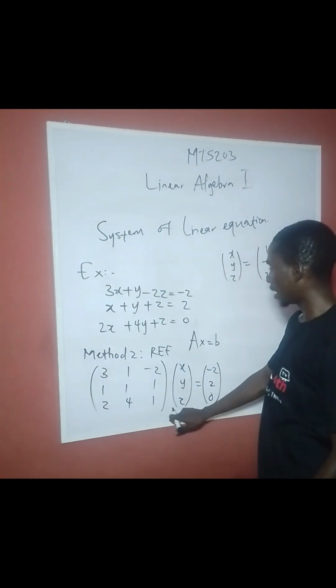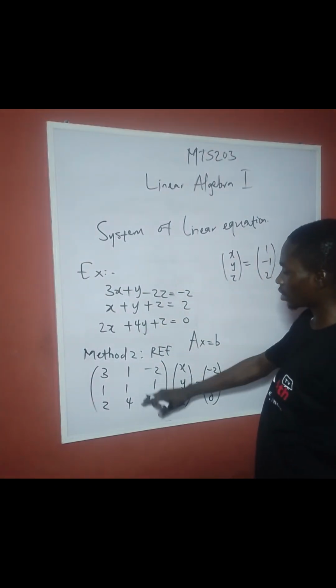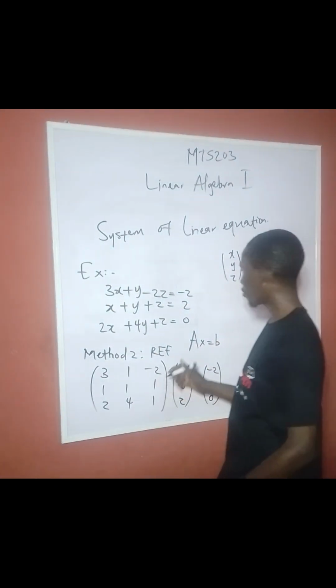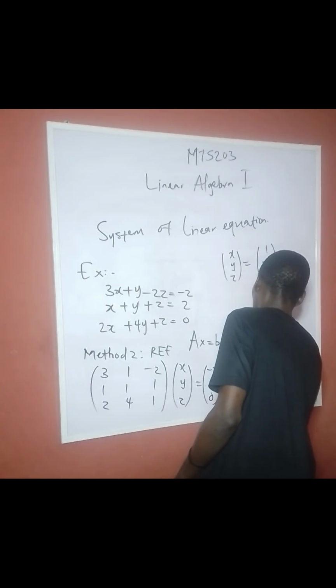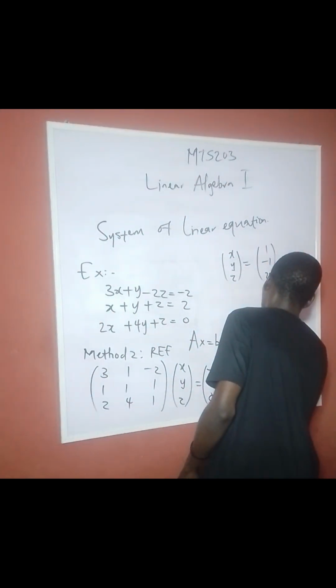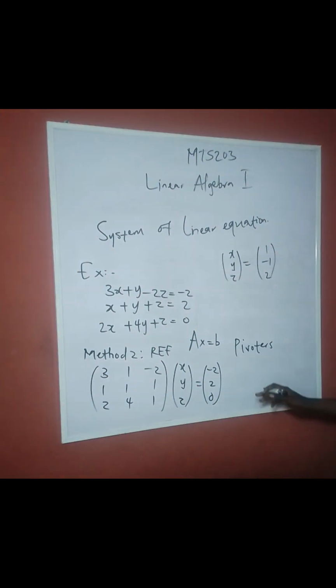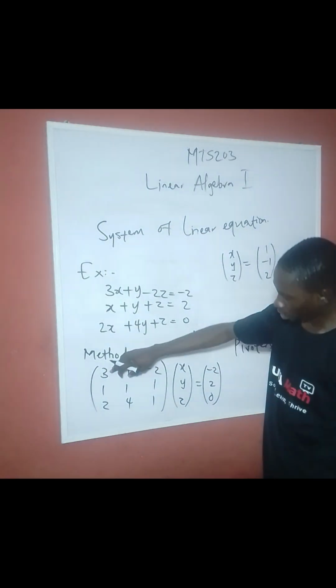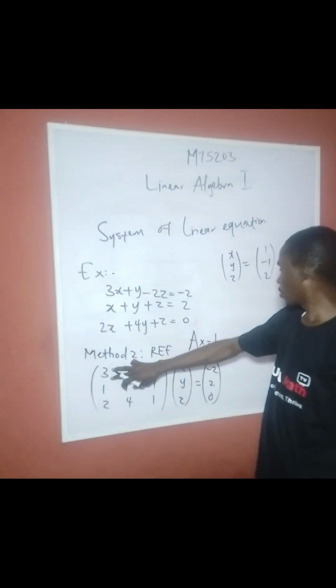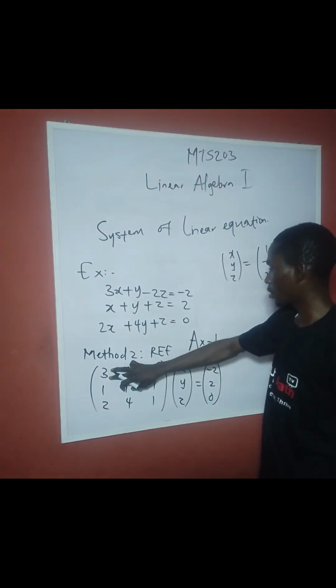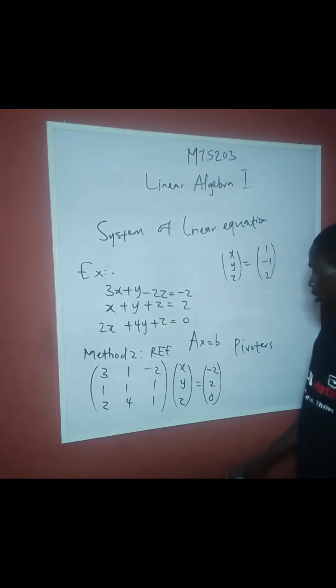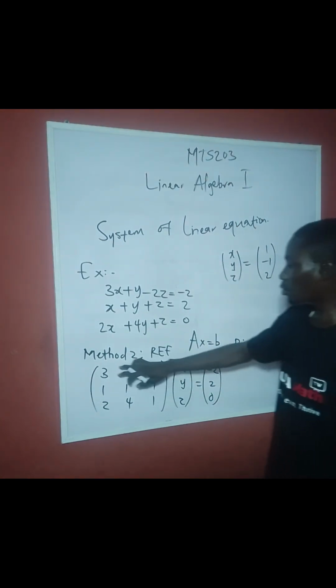In the case of overdetermined or underdetermined systems, these are called pivots, in which my pivot elements are the first unit element in each row.